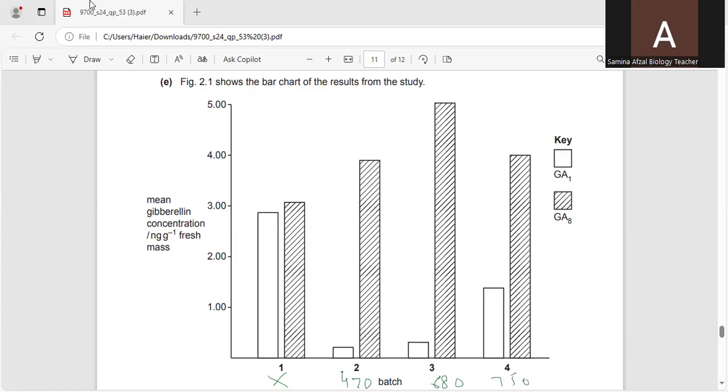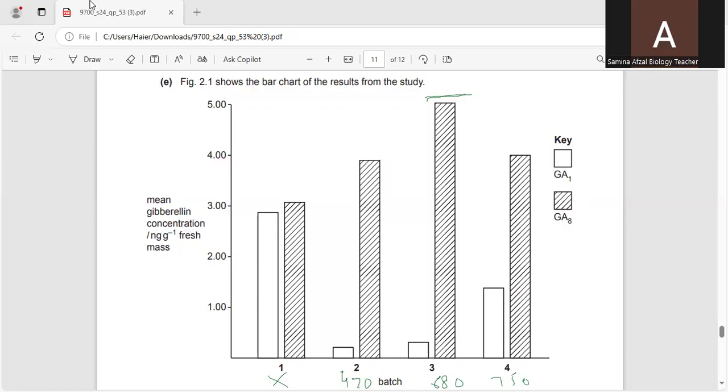You can see the highest value of GA8 is in batch 3, in which there is red light, which is 680 nanometer. And you can also see the lowest value of GA1 in the batch 470, which is blue light. And the highest value of GA1 is in the first batch where there is no light.